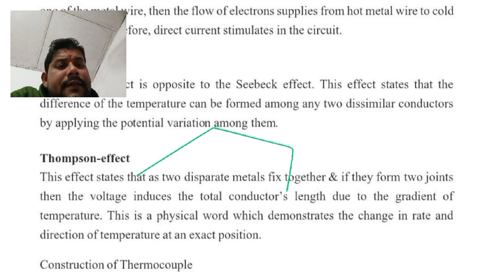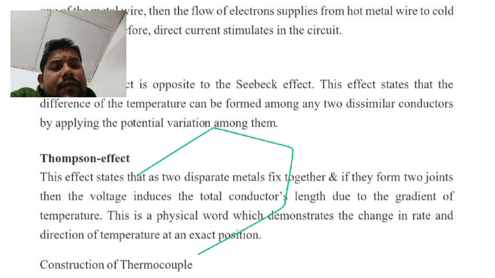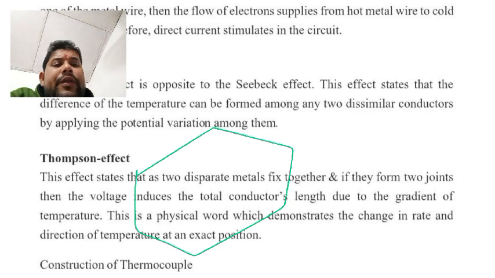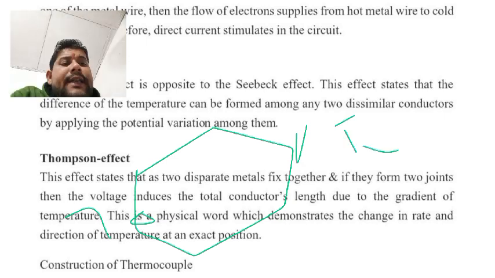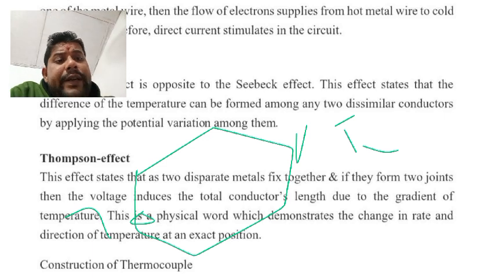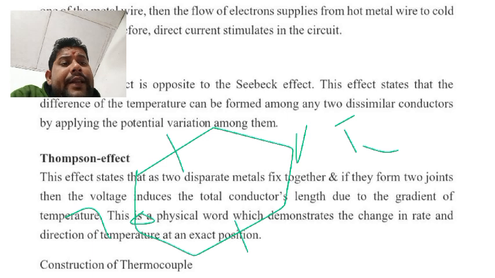This is the thermocouple. This is the temperature T1, this is the temperature T2. If the two dissimilar metals, metal A and metal B, are joined together, they form a junction.